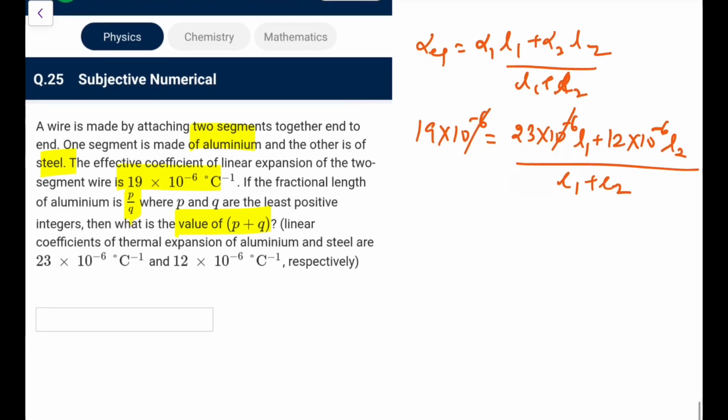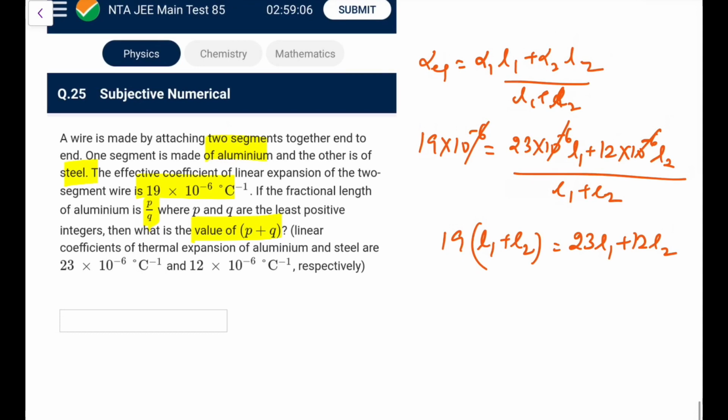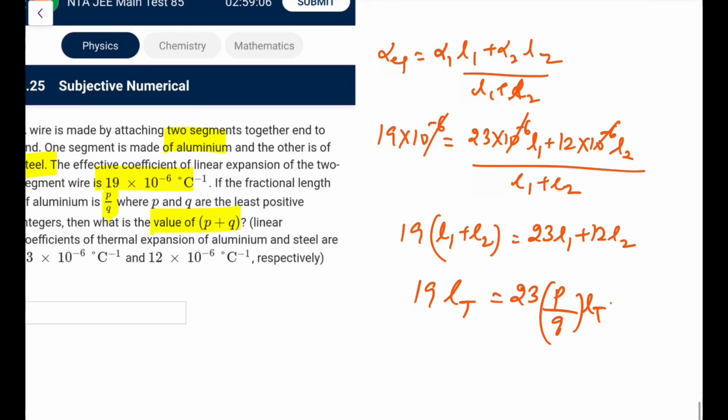So 19 times (L1 plus L2) is equal to 23 L1 plus 12 L2. What we are searching for is the value of the fraction P by Q, which would be L1 upon L1 plus L2. Let's say this fraction is P by Q. L1 plus L2 is the total length, so 19 times LT, where L1 would be P by Q times LT, is equal to 23 times P by Q times LT plus 12 times 1 minus P by Q times LT.